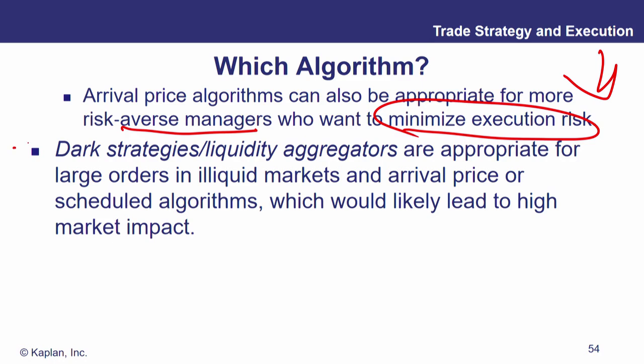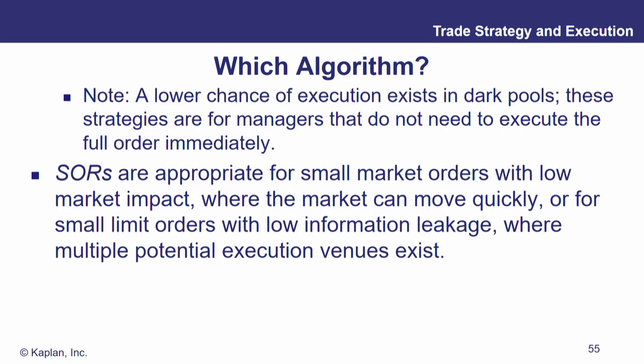We also have dark strategy liquidity aggregators. So they're going to be appropriate for large orders in illiquid markets, where arrival price or scheduled algorithms are worrying because they might lead to high market impact. Okay, there's a lower chance of execution in dark pools.